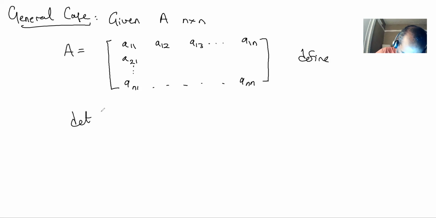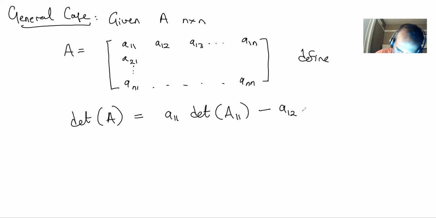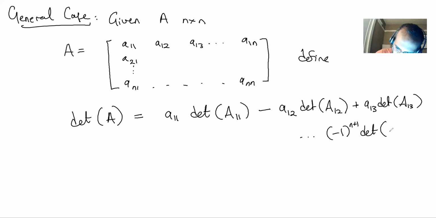Define the determinant of A to be A11 times the determinant of capital A11, I'll say what that is in a moment, minus A12 times the determinant of capital A12, plus A13 times the determinant of capital A13, all the way up to (-1)^(n+1) times the determinant of A1n. And what are these mysterious capital A12, etc.?